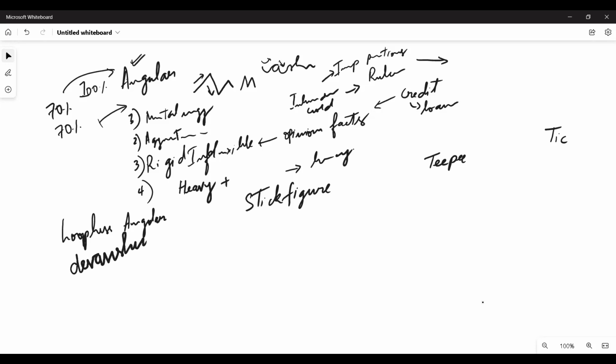Everything is sort of sharp, but in general it is like this. When you're looking at stick figure, if you're writing, the whole writing looks like, I'm not doing a great job at it, but if you can understand, it is basically like sticks.